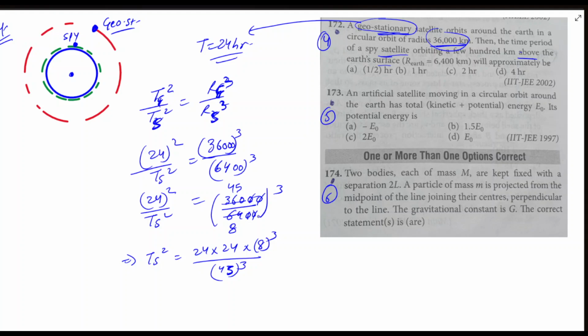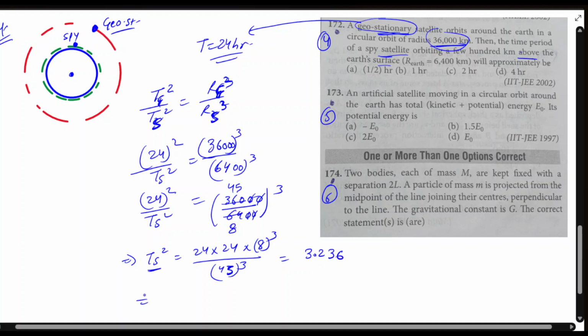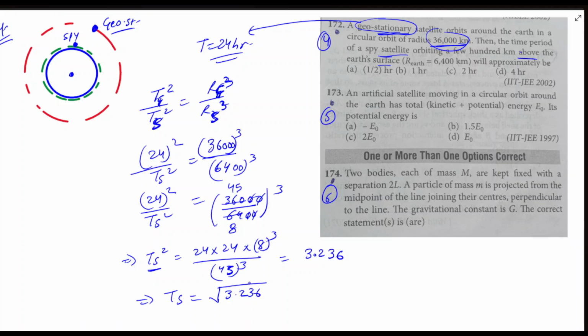So we have, this will be 3.236. Okay, but this is T square. So what we have to find here, TS will be the root of this 3.236. So what we will get is approximately 1.78.